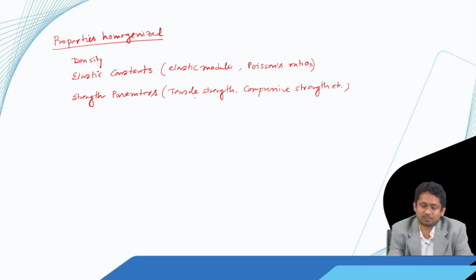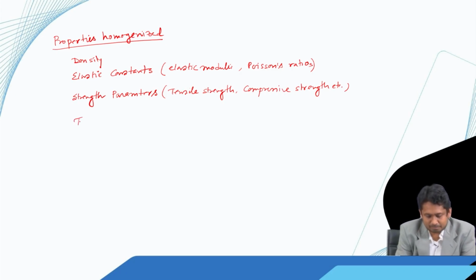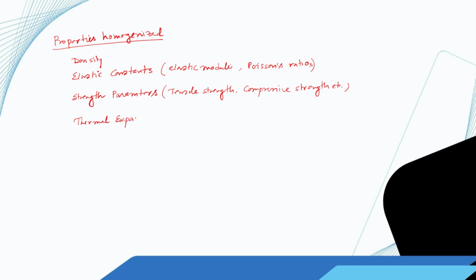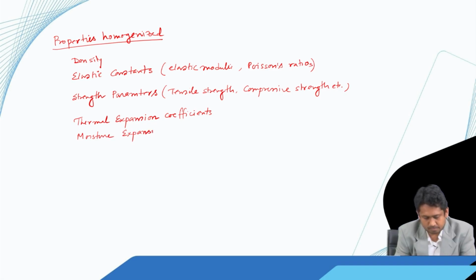So, the tensile strength in a certain direction can be different from the tensile strength as compared to other direction, and same thing goes for compressive and other strengths. Then thermal expansion coefficients, similarly moisture expansion coefficients, all these properties we need.